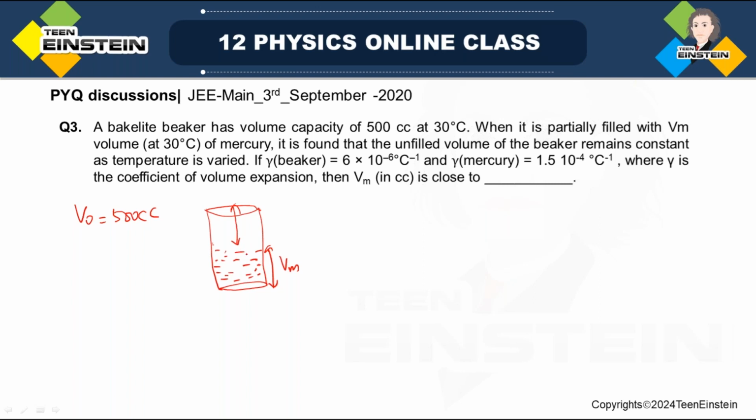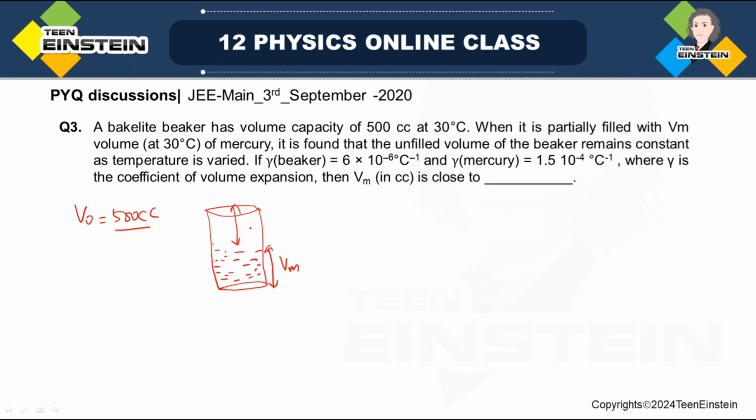Now at room temperature, the original volume of the beaker is 500 cc, the volume of the mercury is Vm, and the rest of the volume of the beaker is empty.